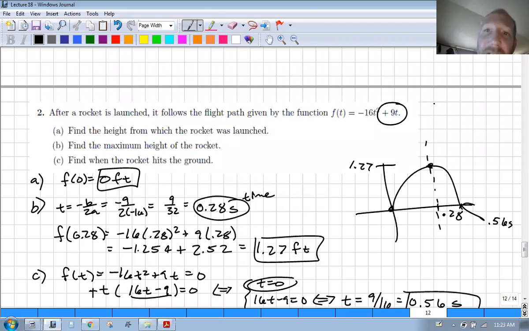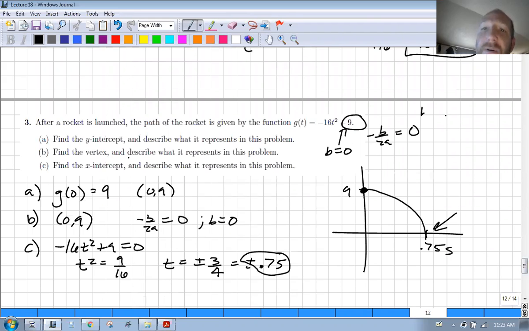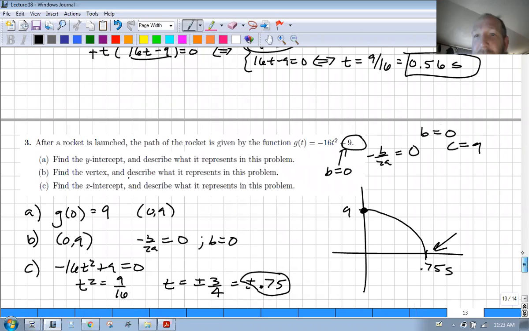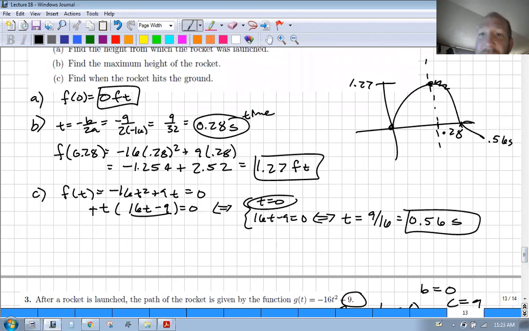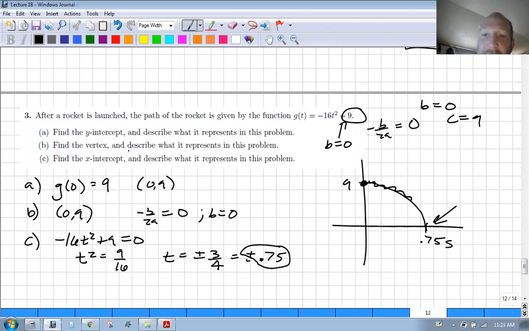Up here, b is 9, c is 0. Down here, b is 0 and c is 9. So this little piece of this thing is exactly the same as this. Right, the whole thing's just shifted.